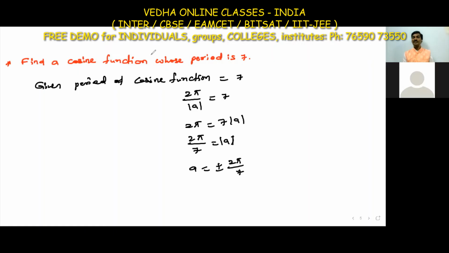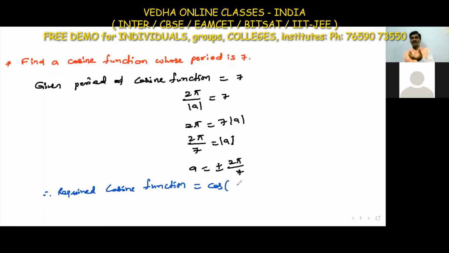Now we got the value of a, so based on this we have to write the cosine function. Therefore the required cosine function is cos of ax plus b.